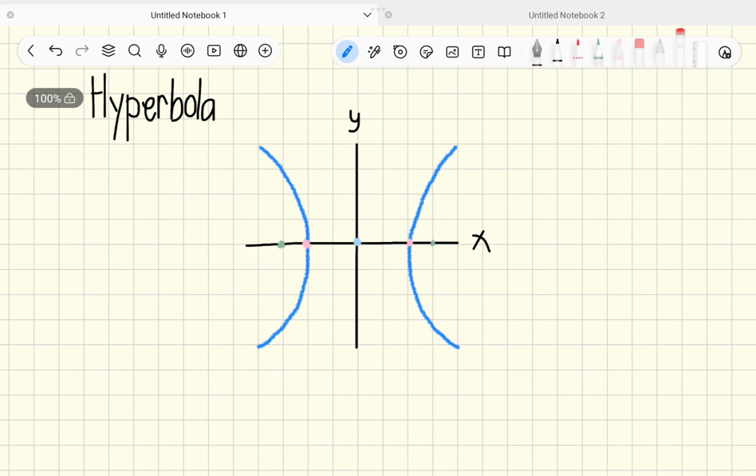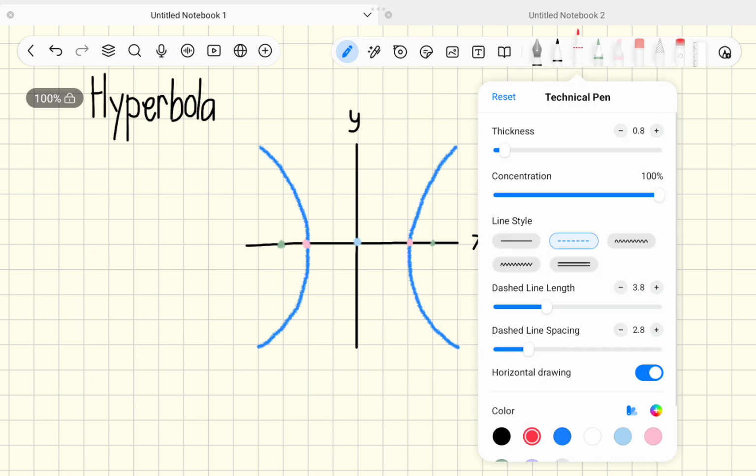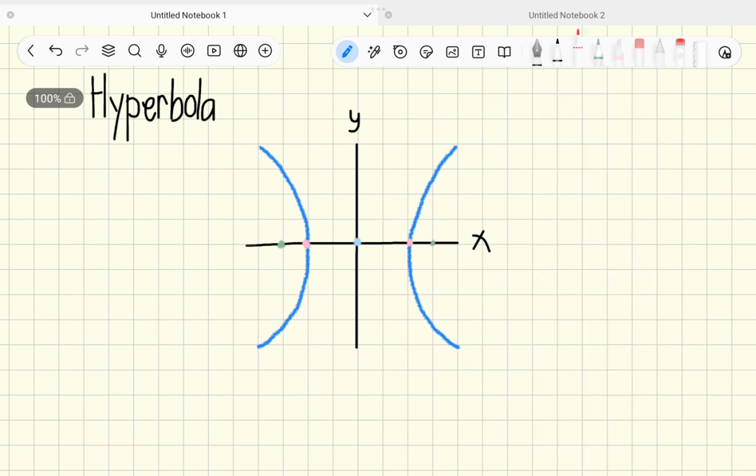The transverse axis is defined as the line segment through the center and vertices. Meaning to say, it will pass through the center and the vertex. So for instance, in this case, your transverse axis is passing through the center and vertices. So this is your transverse axis.